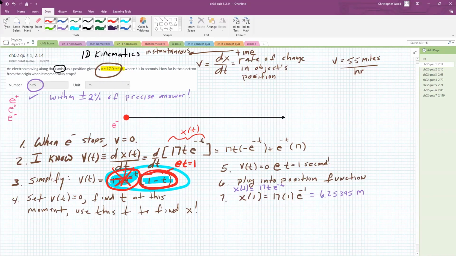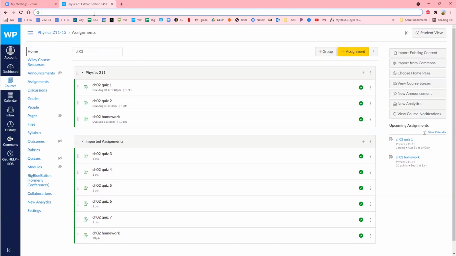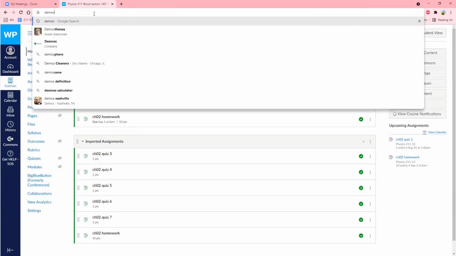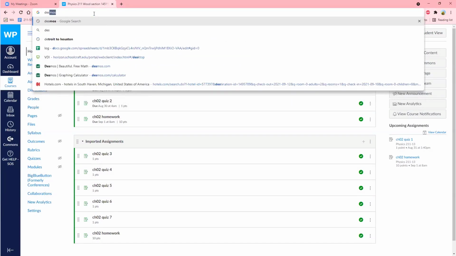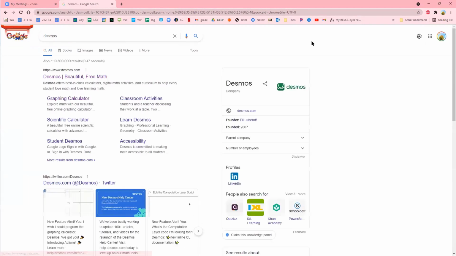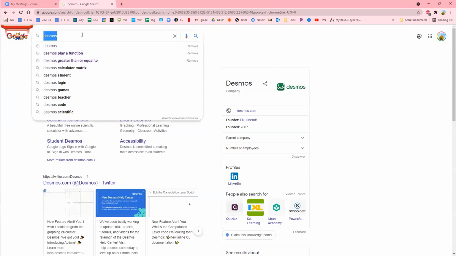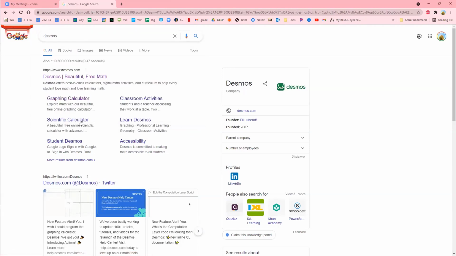All right, good. Now, because we're not quite done, open up a browser and get yourself to Desmos. Not Demos, Desmos, D-E-S-M-O-S. Desmos, beautiful free math.